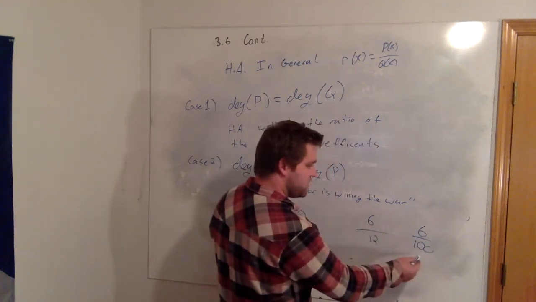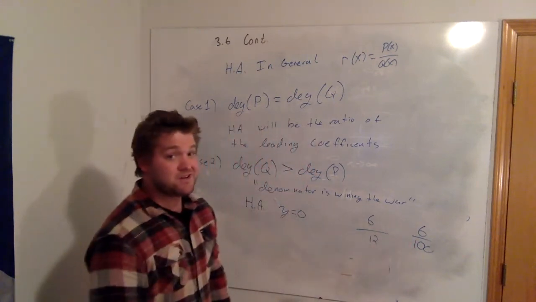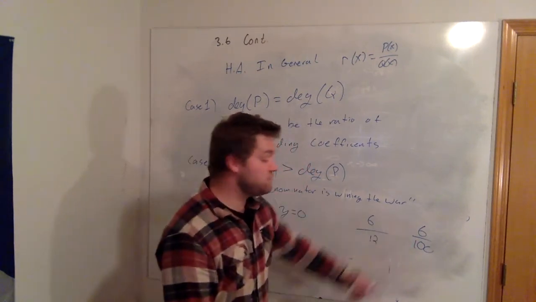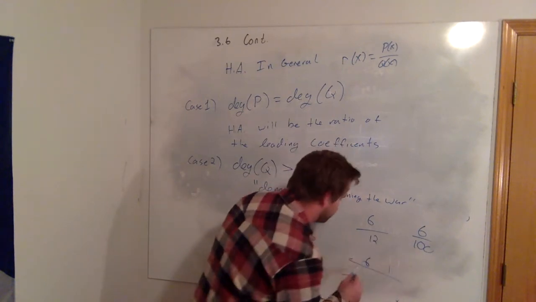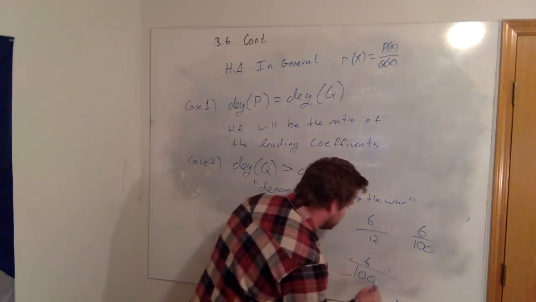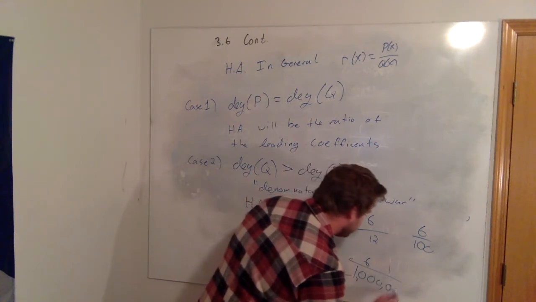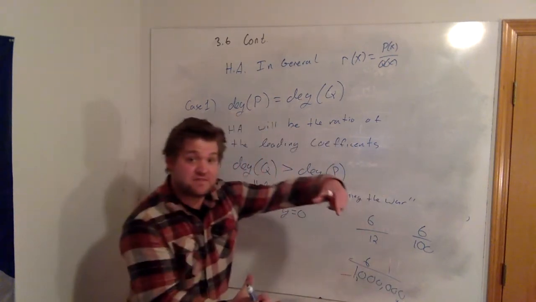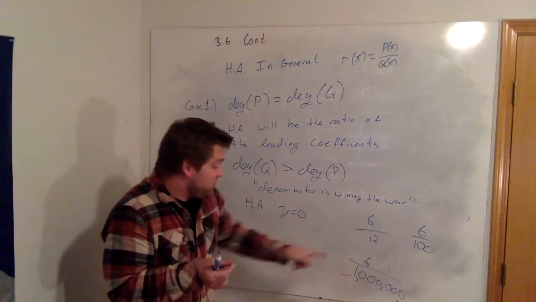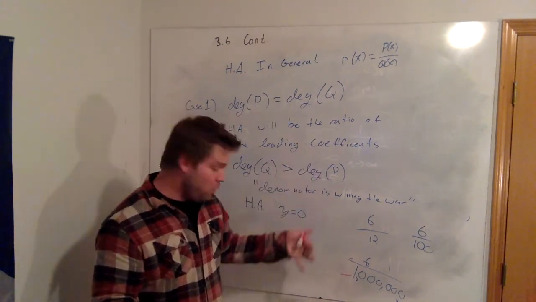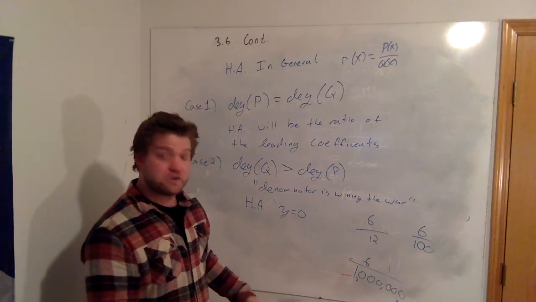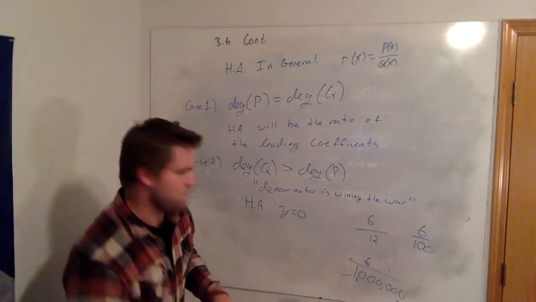Same pizza, now it's in 100 slices and you took 6 of them. You're not going to be as happy, you have less pizza here. But if someone decides to cut that one pizza into 1,000,000 slices and you took 6 of those slices, you barely have any pizza. You might as well have no pizza. It's getting closer to 0. The denominator is winning the war.